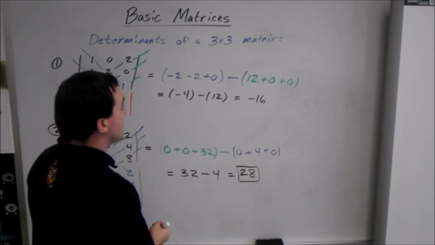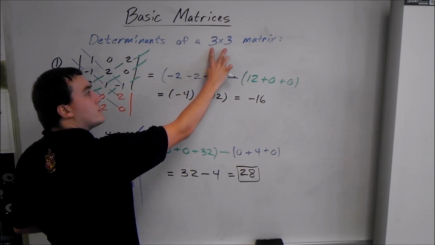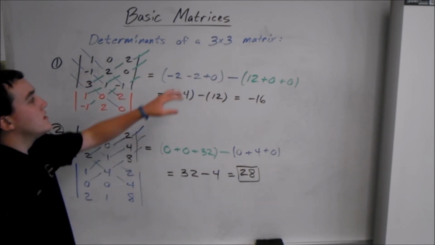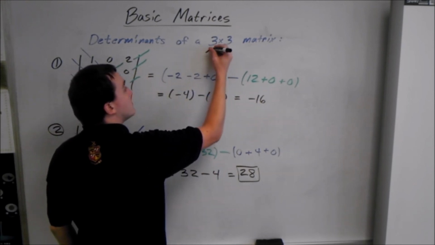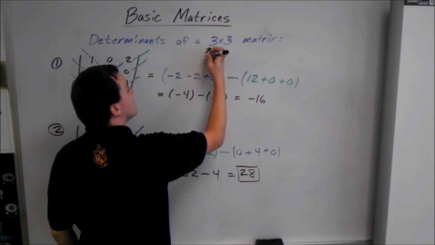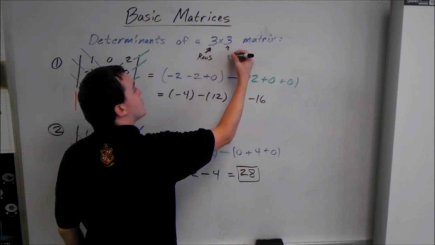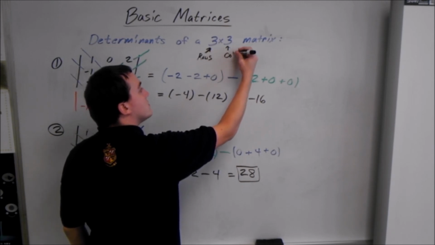One last thing. Whenever we say a 3 by 3 matrix, the first number represents the number of rows. And the second number represents the number of columns.